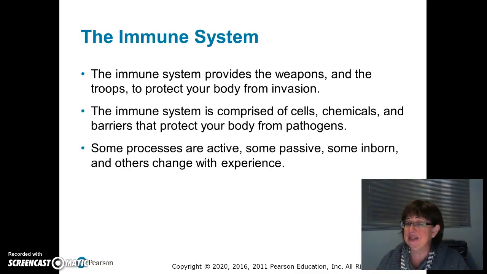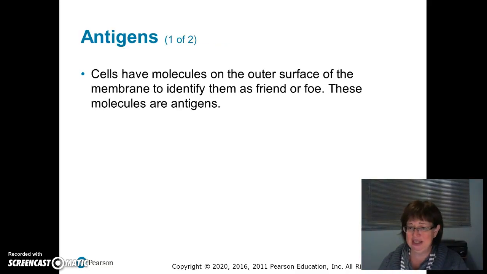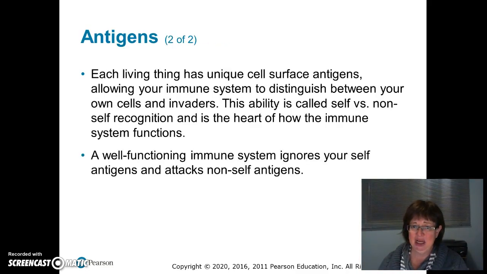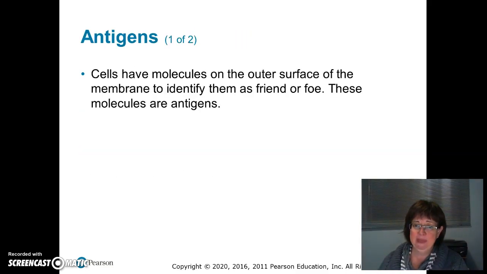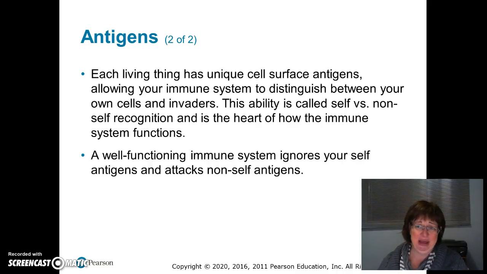The immune system provides weapons to protect your body from invaders, and these consist of cells, such as T cells and B cells, chemicals, and barriers. So let's first start with terminology. An antigen is a marker on the outside surface that identifies the bad guy.